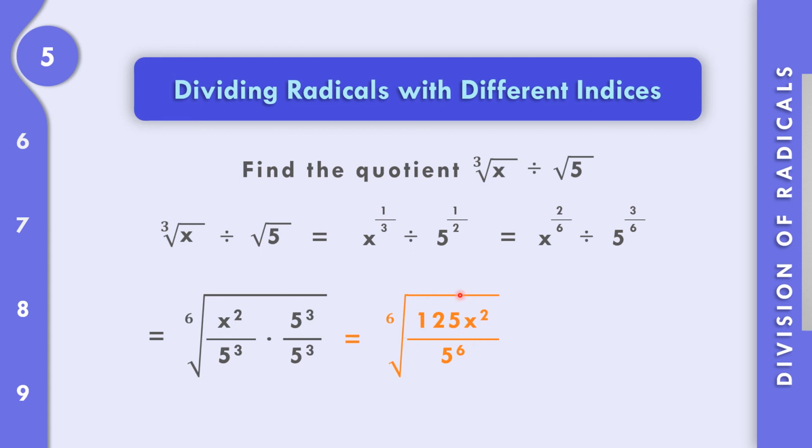For 125, let us see if there is a factor having a perfect 6th root. If none, that is the 6th root of 125 x squared. And then 5 to the 6th power, 6 divided by 6 is 1, so 5 to the 1, or 5. So the final answer is the 6th root of 125 x squared over 5.